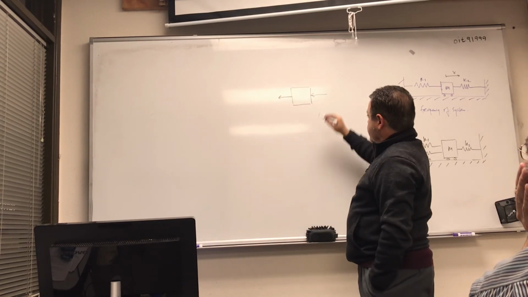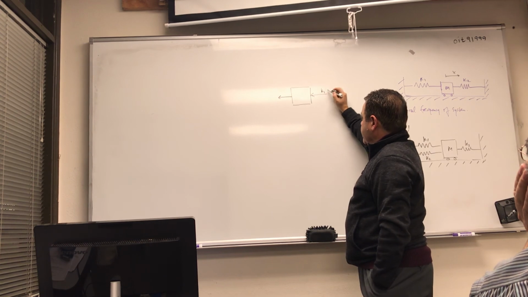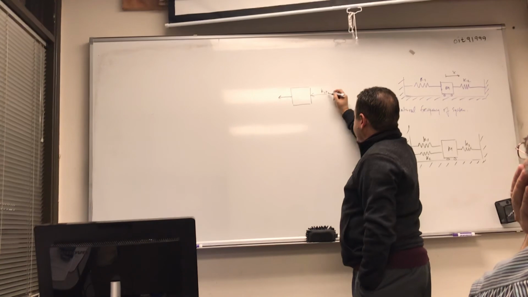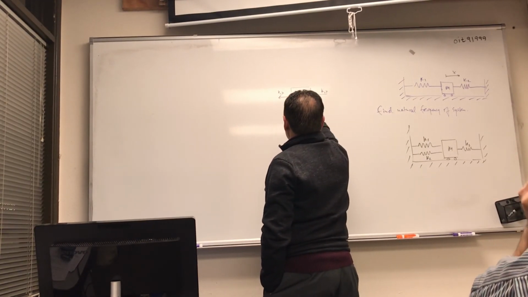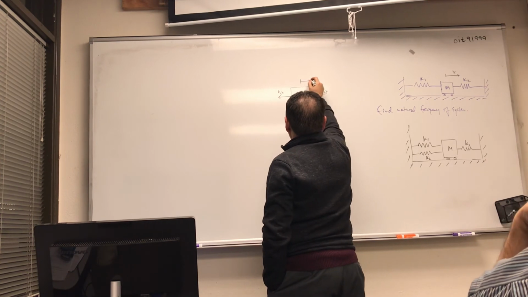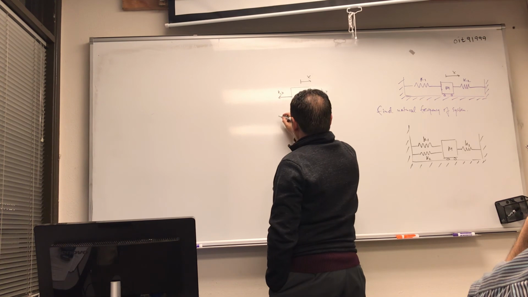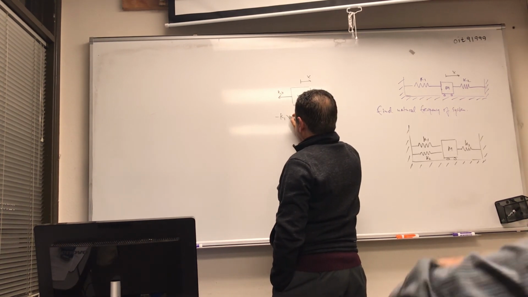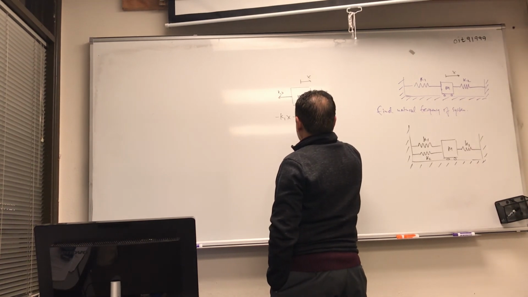So this is K2x, and this one is K1x, and this is M. My x is going this way. So my equation will be what? Sum of the forces, which is minus K1x minus K2x is equal to 0.